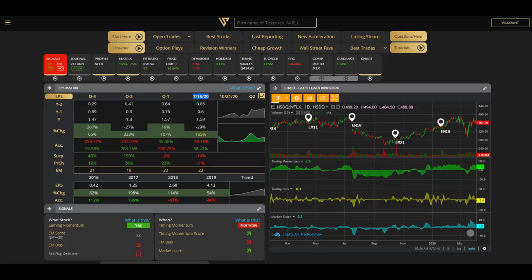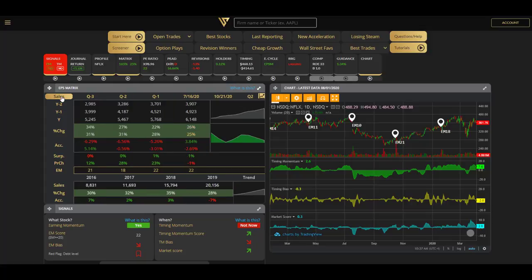The great thing here is you can see the percent change, the acceleration, and that's truly unique. You can spot acceleration in a stock, a stock that is accelerating in earnings and also sales. So I can toggle here between sales and earnings. See how it's declining, declining acceleration, but still very high sales, right?